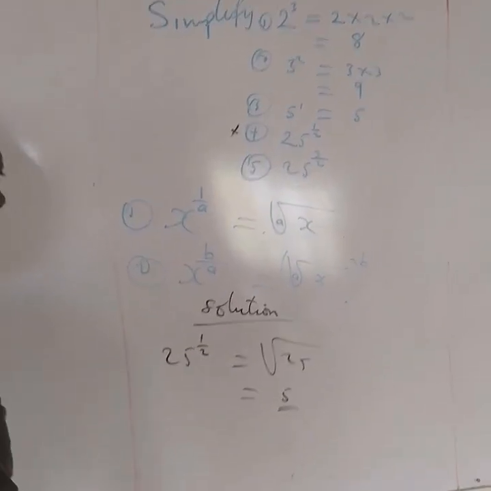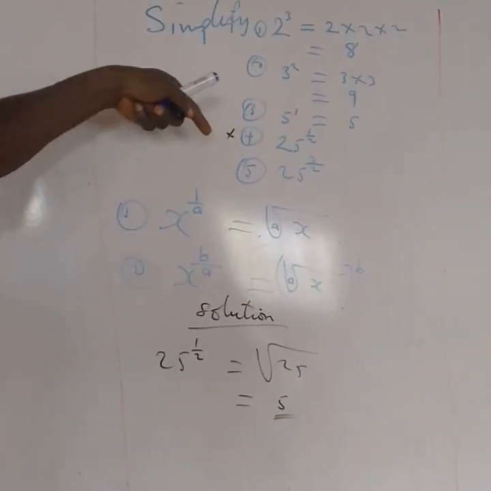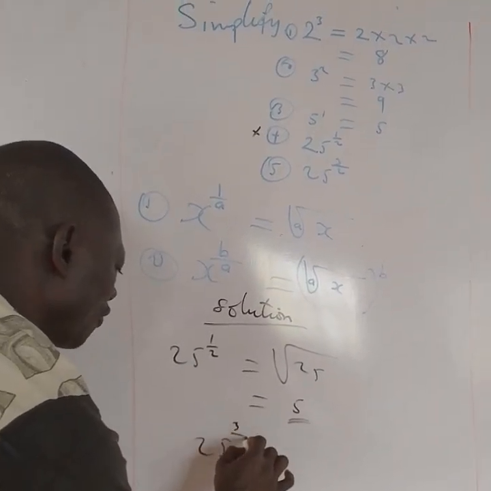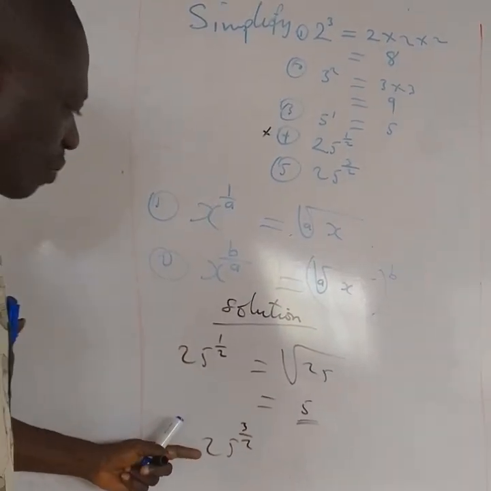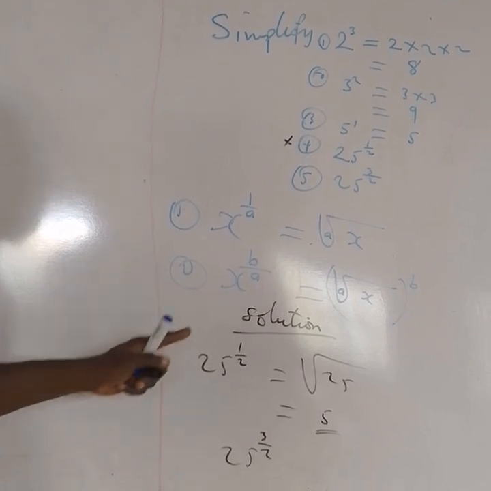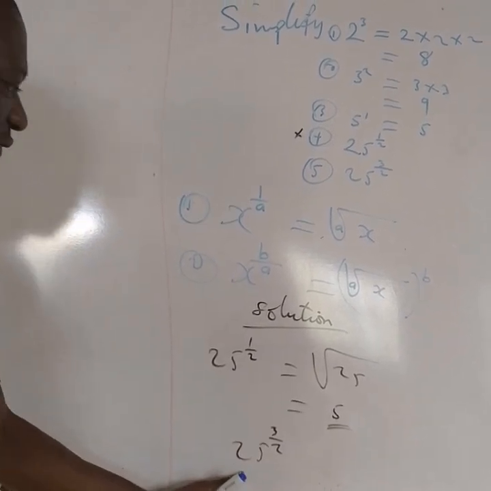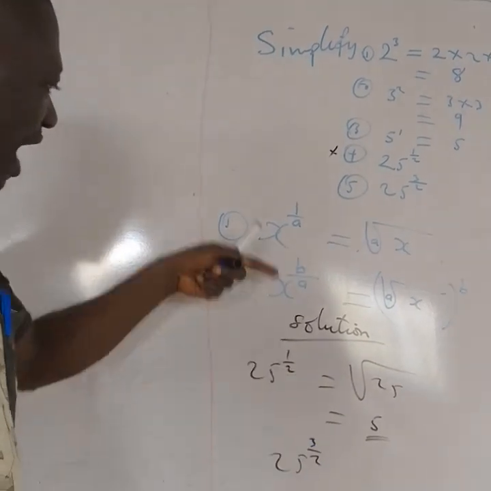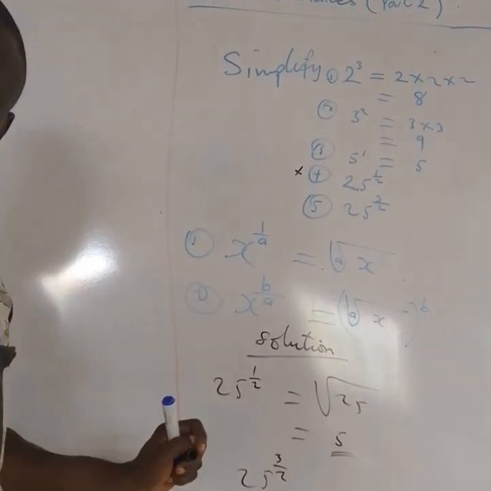Solving the second question, which is 25 raised to power 3 over 2, this particular question looks like this law. We have x as 25, a as 2, which is square root here, and b is 3.